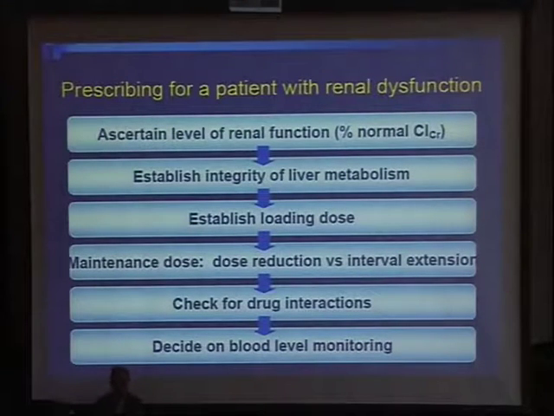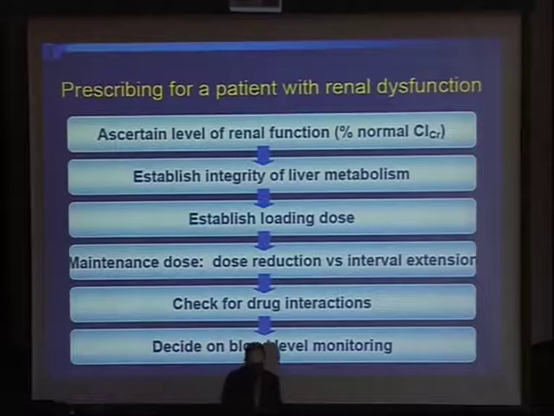So, if you want to prescribe a drug for a renal patient, there are steps that you have to take. First of all, you have to ascertain the level of renal function in terms of creatinine clearance, and then you have to establish the integrity of liver metabolism, because this is also one route of elimination.